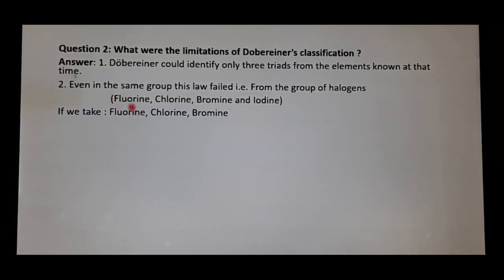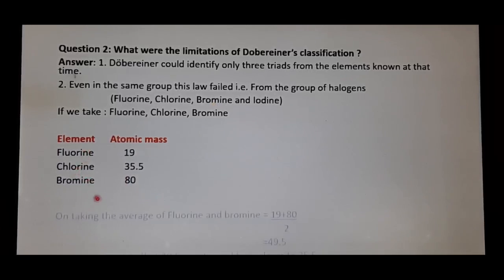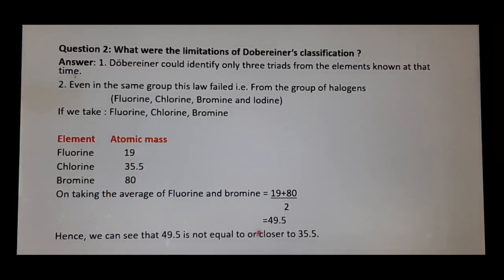If we take these 3, fluorine, chlorine and bromine, this law will fail. If we find the average mass of fluorine and bromine, we can see their average atomic mass is equal to 49.5, which is not closer to 35.5. So within the same group this law failed. So these limitations you can mention here in question number 2.